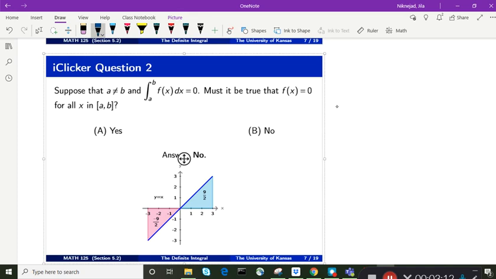And if you look at the cyan part, that's above the x-axis, it is 9/2. The pink part is negative 9/2, and they cancel each other out. So the answer is no, because this counterexample exists.